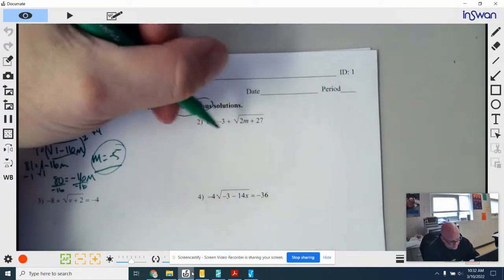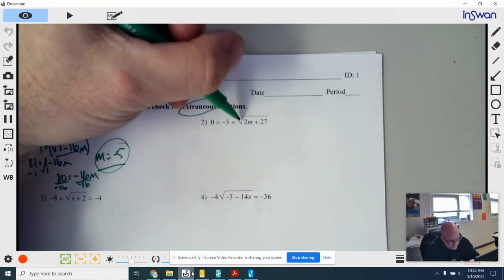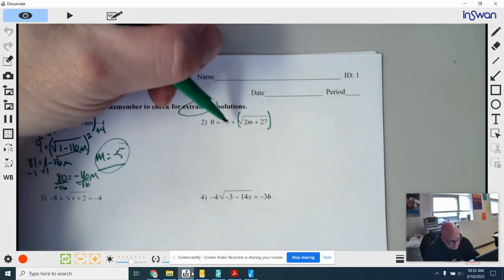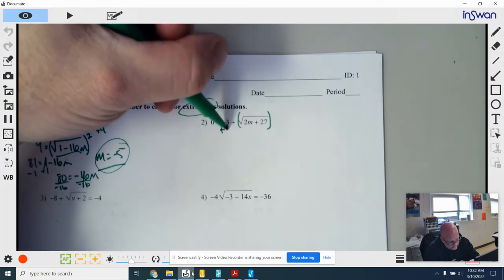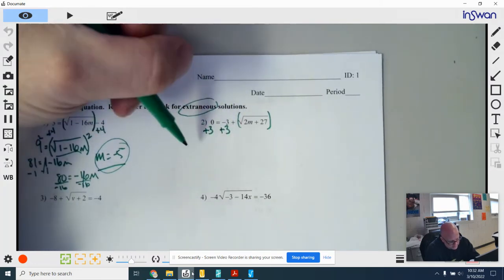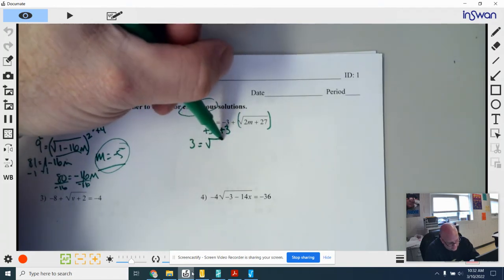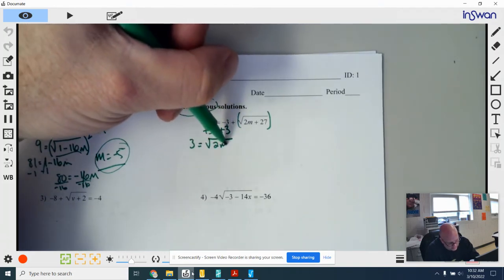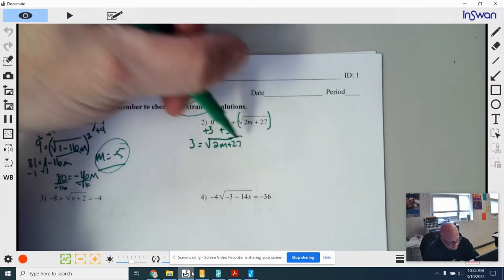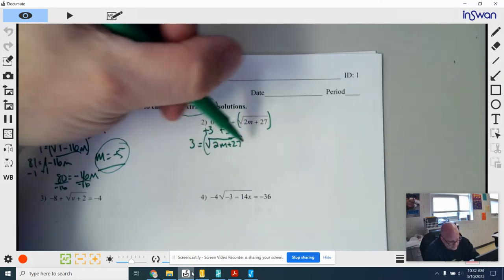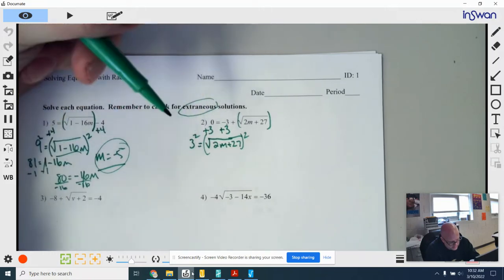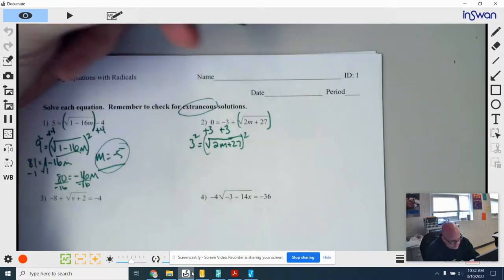Okay, number 2. Again, I want to isolate this radical symbol, so I need to get rid of that negative 3 there. So I'm going to add 3 to both sides. So I get 3 is equal to the square root of 2m plus 27. Okay, so now I'm going to go ahead and square these again to get rid of that radical symbol.